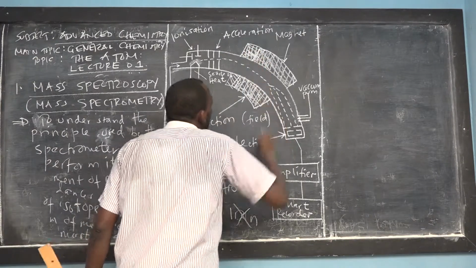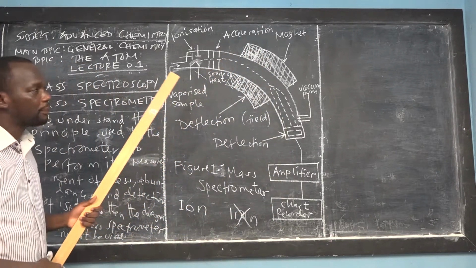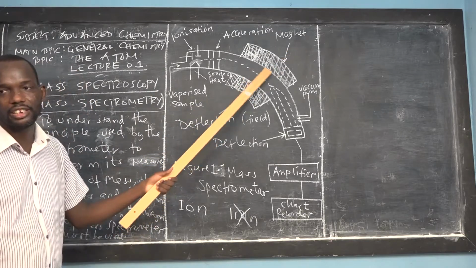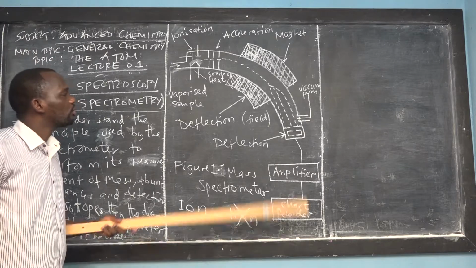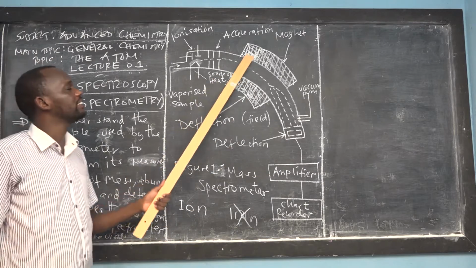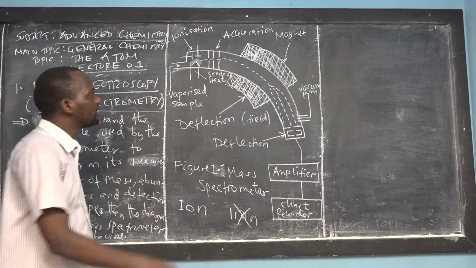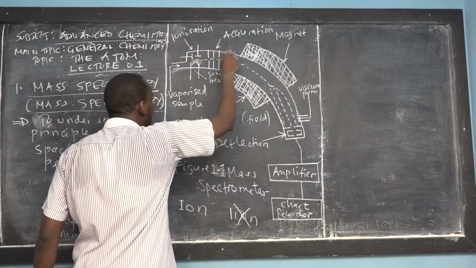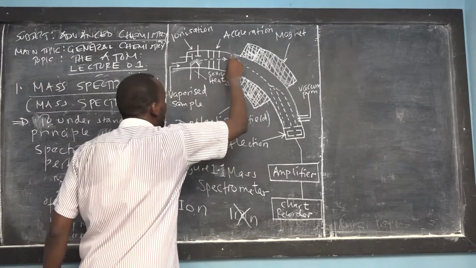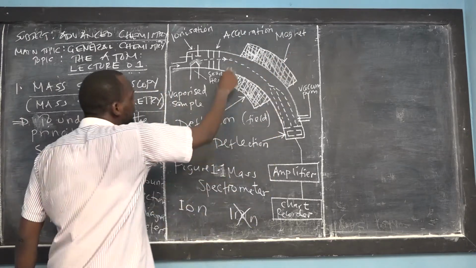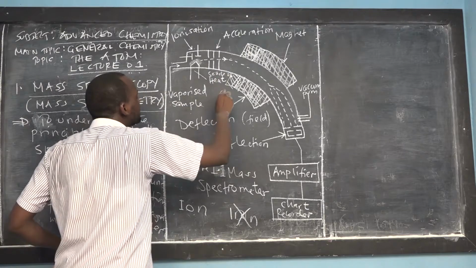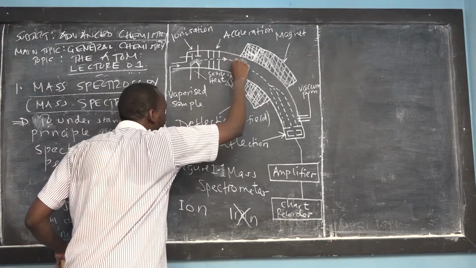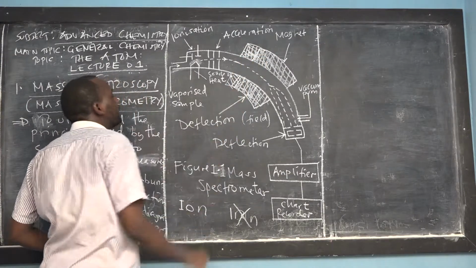When it reaches this point, these magnets, magnet 1 and magnet 2, will start deflecting it. If we consider the trajectories as vectors, these are the directions of the electrons. Because this ion is electrically charged, it will be deflected by this magnet.